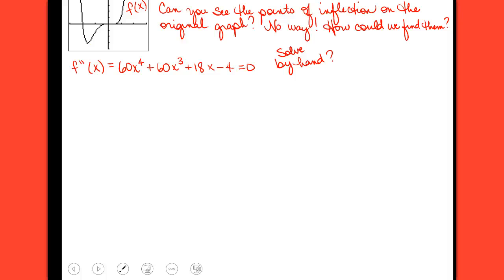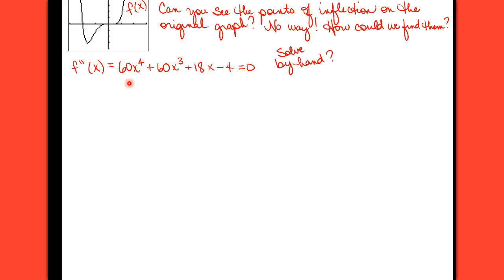Now, if I want to know where my second derivative is equal to 0, here's my second derivative, fairly easy to take by hand. But what I'm left with is a quartic. You want to solve that by hand? It doesn't factor by grouping. So I'd have to do p over q and all that happy stuff, right? No, thank you. So what could I do instead?